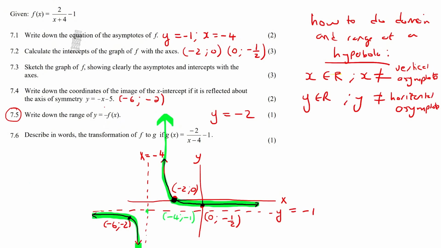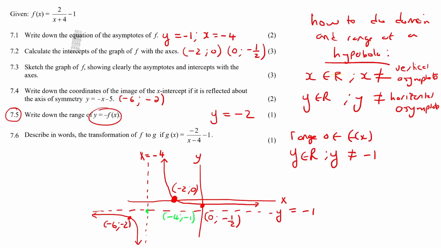So let's forget about that negative, and let's just work out the range of this graph. The range of f of x would just be y can be anything except it cannot be minus 1, because of that minus 1 over there. Now, if you did the negative, all that negative does is flip the graph upside down.